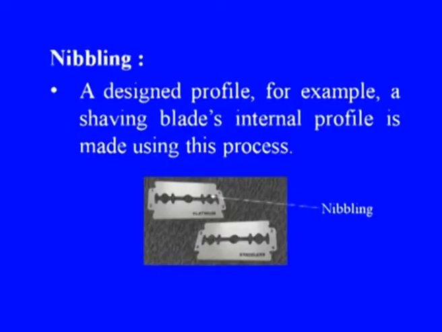A designed profile, for example, a shaving blade's internal profile is made using this process. This profile is tiny, at the same time a bit complex. This is the process which is most suitable to carry out this manufacturing.